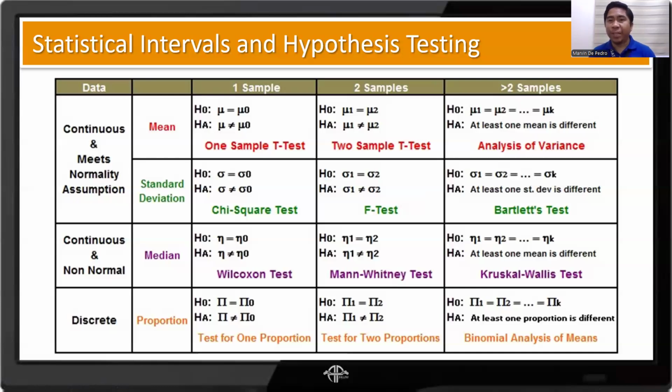But if we have more than two samples, then that becomes more complicated, as there are several ways to conduct ANOVA and other statistical tests. But normally the H0 is still the same. We are assuming they are all equal, while the alternative hypothesis is that at least one of them is different.